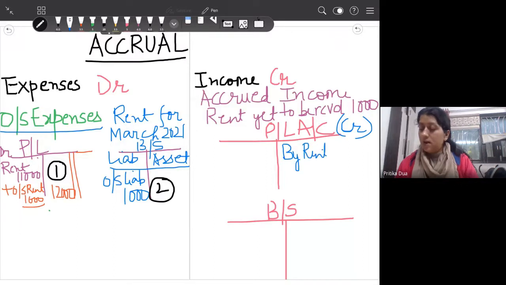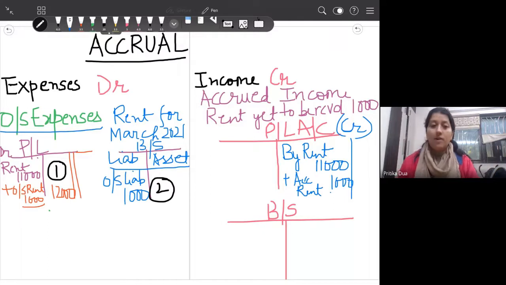Now this working I am showing in the inner column. 11,000 का रेंट हम रिसीव कर चुके हैं. अब जो रेंट अक्रूड है, अक्रूड रेंट, this 1,000 will be added. तो जो भी आउटस्टैंडिंग एक्सपेंस है या अक्रूड इनकम है, क्योंकि करंट ईयर से रिलेटेड है, this will be added, and now the final amount that appears on the credit side is 12,000.